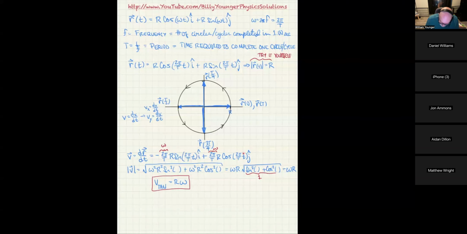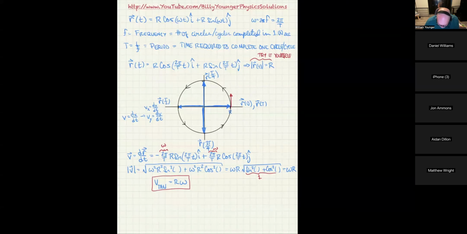But putting 0 in this one is going to make this 1, and therefore the magnitude is just going to be omega r, and it's going to point in the upward direction. So we can conclude that the velocity at t equals 0 points upward.